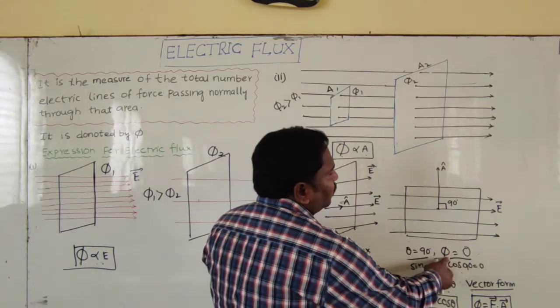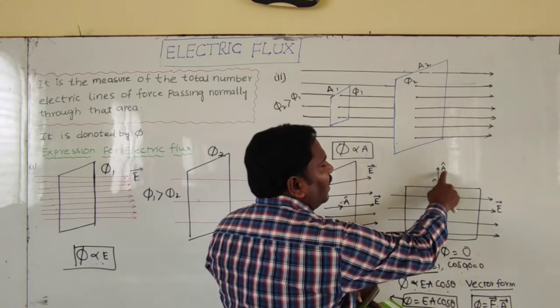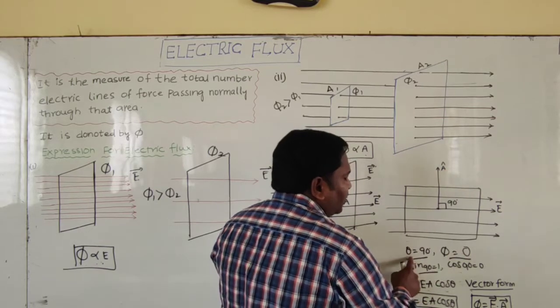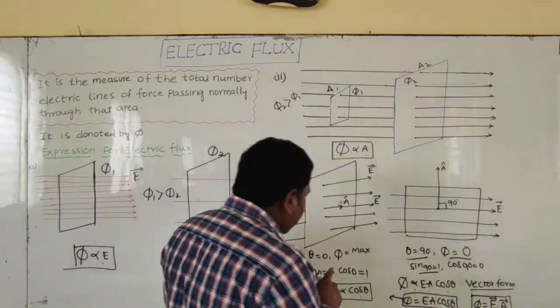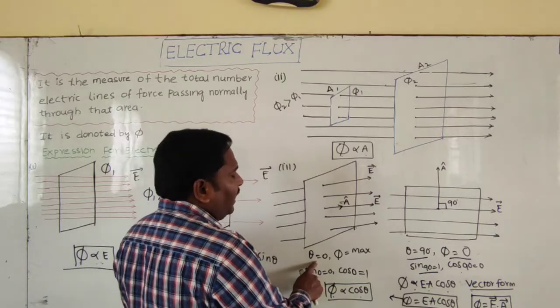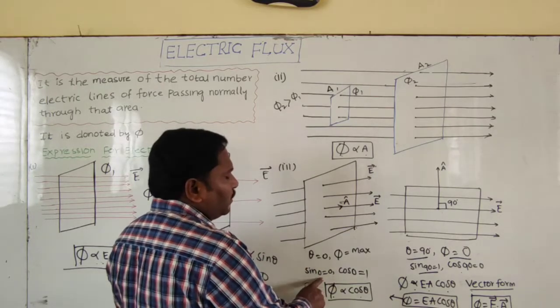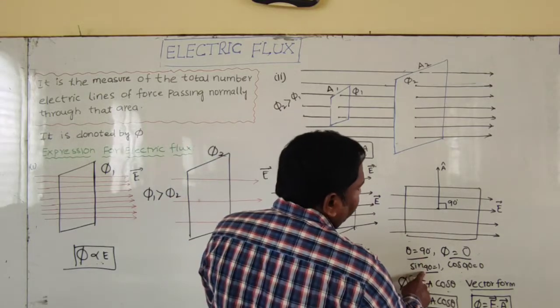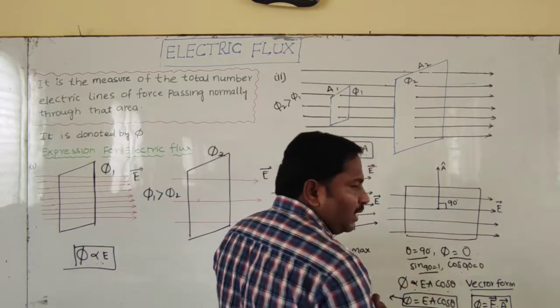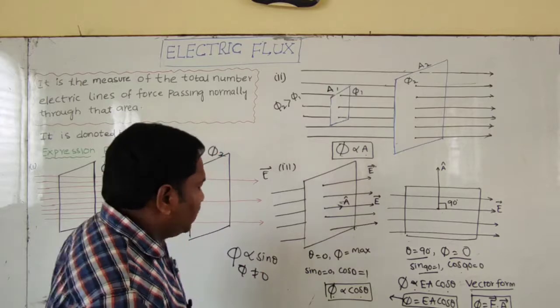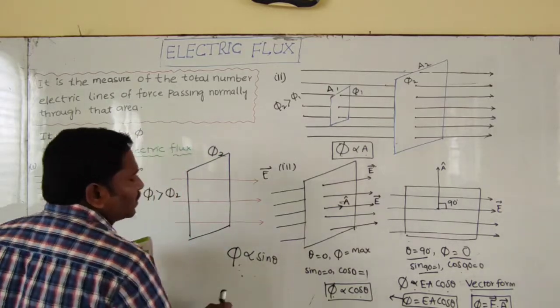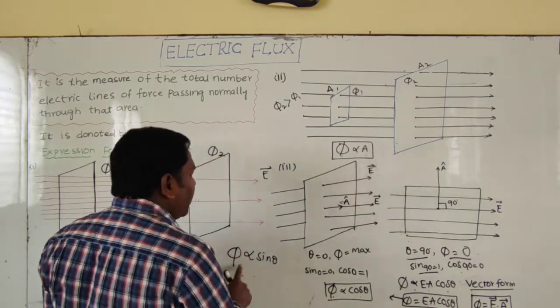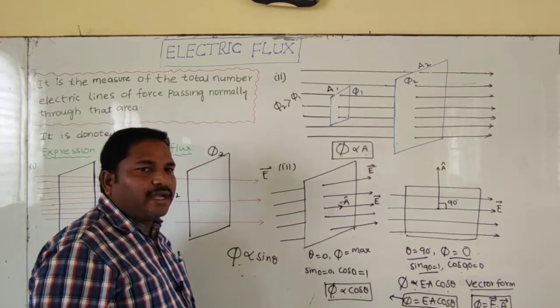When flux is 0, what is the angle between the area vector and electric field? It is 90 degrees. Sine 0 is 0, cos 0 is 1. Sine 90 is 1, cos 90 is 0. Now we have to write electric flux directly proportional to cos theta or to sine theta.